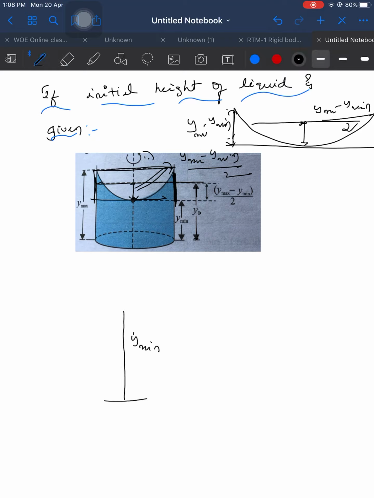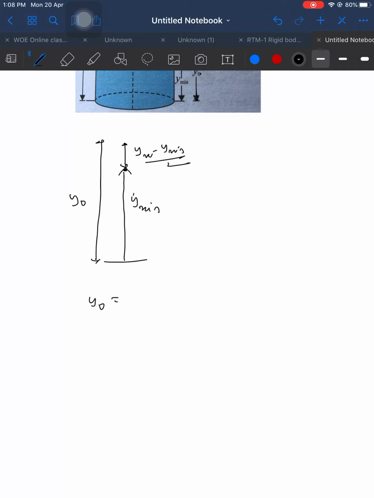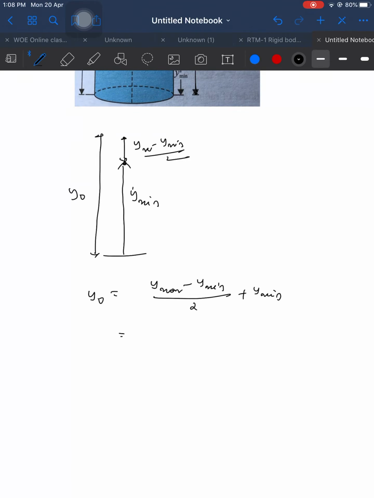So y minimum from here to here, from here to here again, it is equal to y max minus y minimum by 2. From here to here we consider it as y naught. Let's simplify. Y naught is equal to y max minus y minimum by 2 plus y minimum. So if we simplify further, y max plus y minimum is equal to 2y naught. Okay, this is equation number 4.